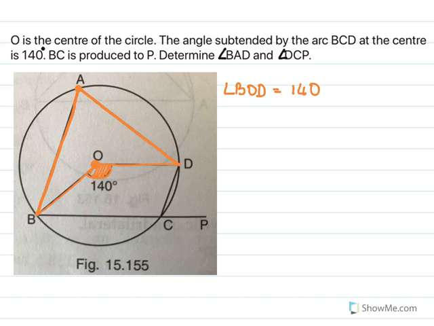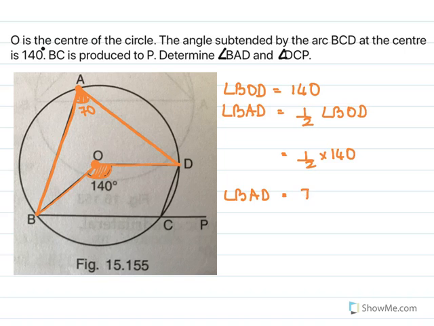It will be half of 140, and this angle will be 70. So angle BAD will be half of angle BOD, which is half of 140, which means it will be 70.